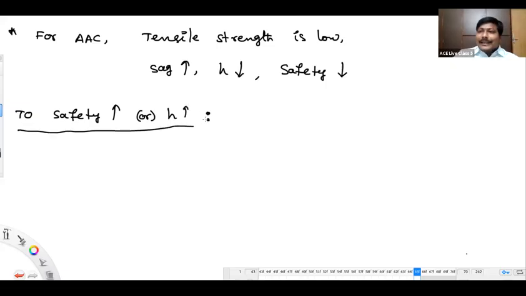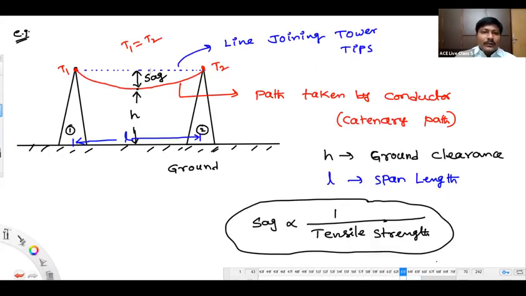What are the various necessary steps we have to take? Tell me please. One method to increase the ground clearance is to go for larger heights of towers. Definitely this H value is going to be increased.